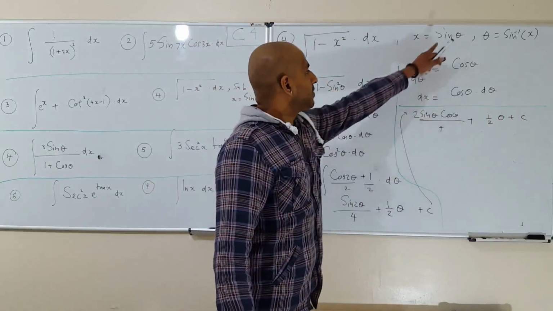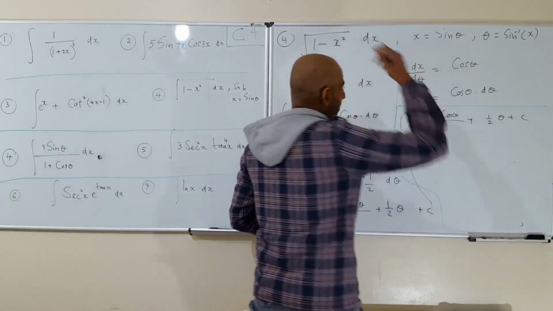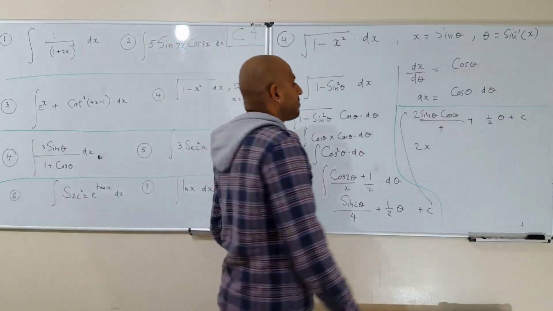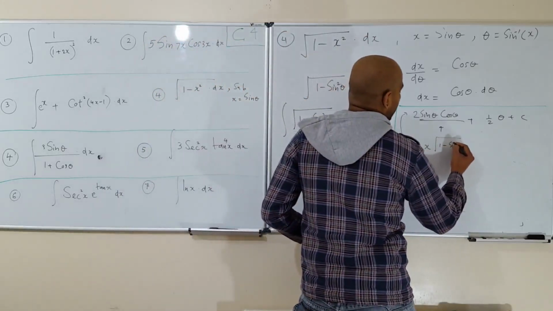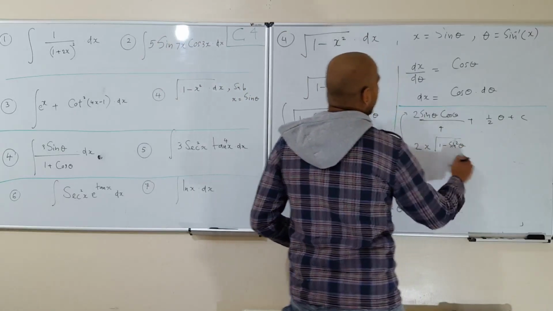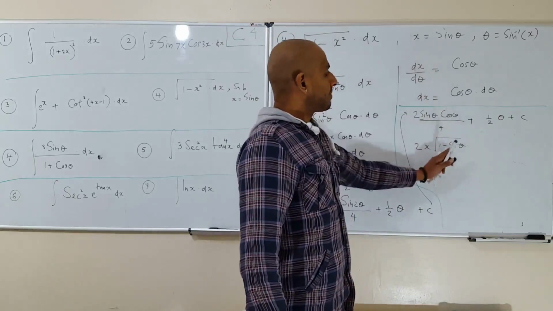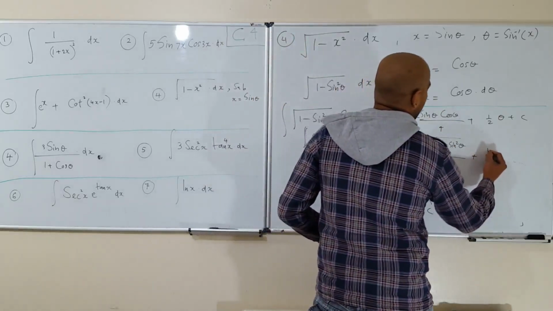Sin theta can be replaced with basically straight away x. We got 2x. Cos theta means square root of 1 minus sine squared theta, isn't it? The reason I'm writing in sine is because I know that I can replace sine with x. And that's divided by 4, plus half theta.